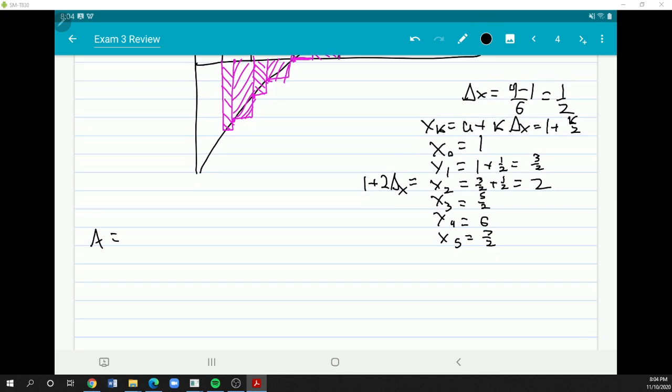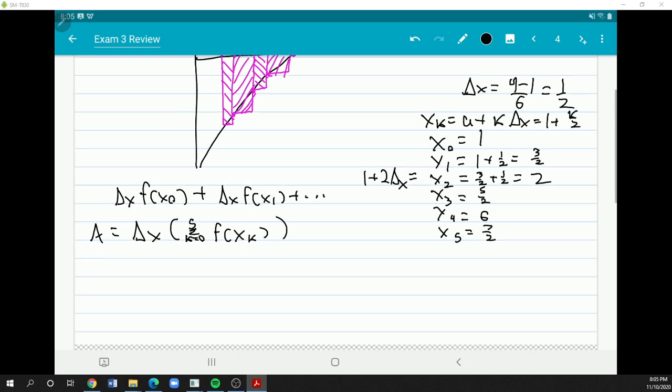So A is equal to delta x times the sum from k equals 0 to 5 of f of xk. This is a really fancy way to write what we were doing before, which is to say this is delta x times f of x0 because that's the area of the first rectangle. Delta x times f of x1 because that's the area of the second rectangle, and going all the way.